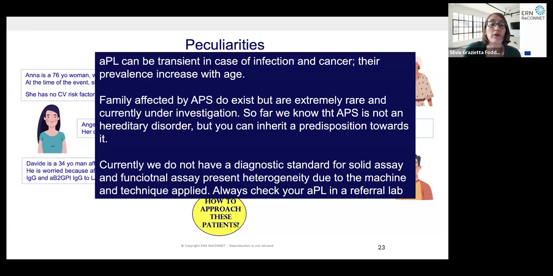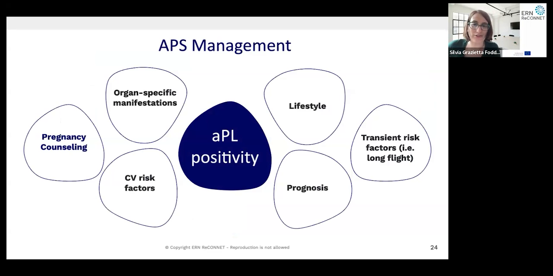So we could have false positivity or false negativity. And that's why Davide showed a completely different lab report compared to the previous one. And with that, I'm going to go to Massimo again for the closing remarks.